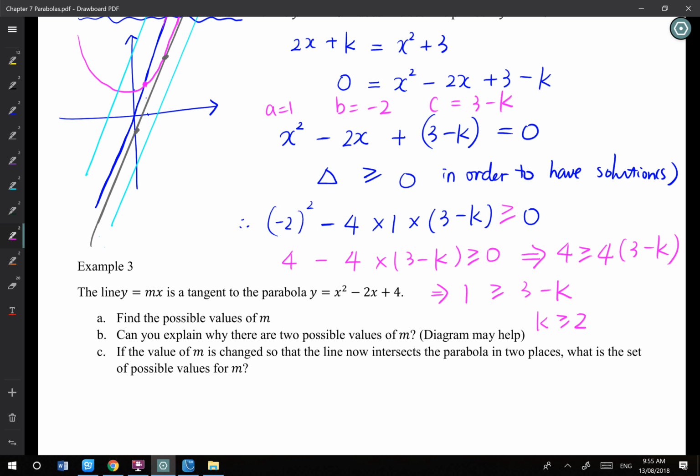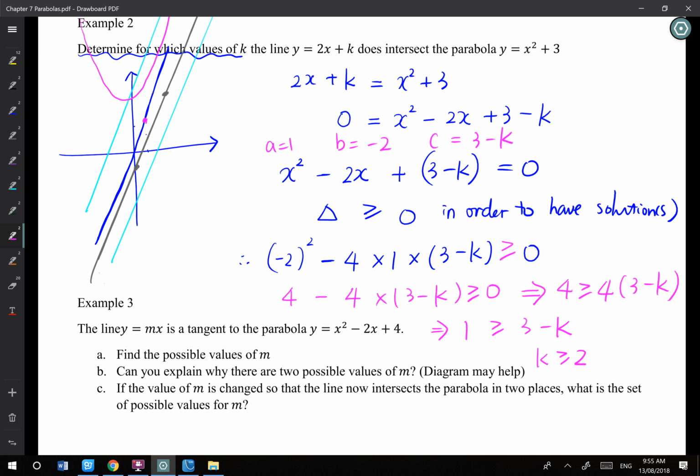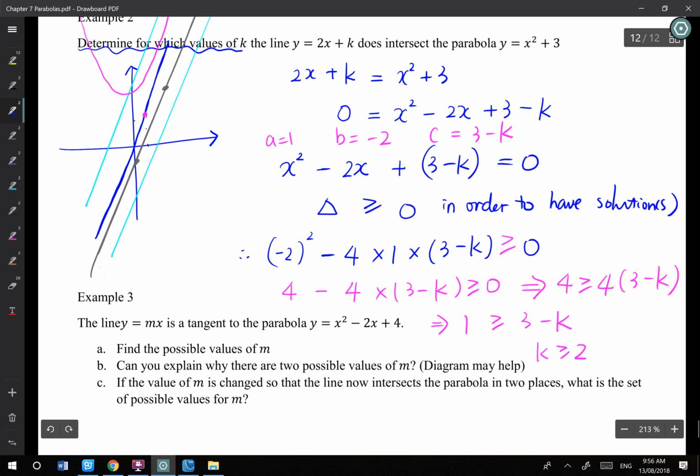My graph is not to scale, so this one I think is a little bit lower. So if I move that to a higher place, okay, k is greater or equal to 2.